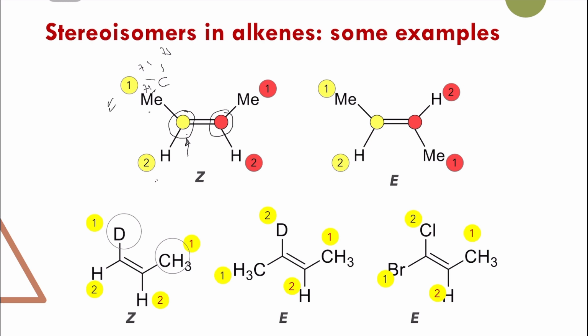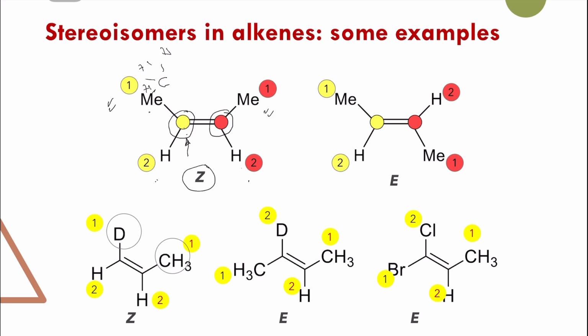Then on the other side, we also have a methyl and hydrogen. The methyl will be given the priority over the hydrogen. So now I look at the two groups or two substituents which were given the priority, whether they are on the same side or on opposite sides. The two methyls are on the same side, so this is a Z. What if I have the opposite one, the other one?